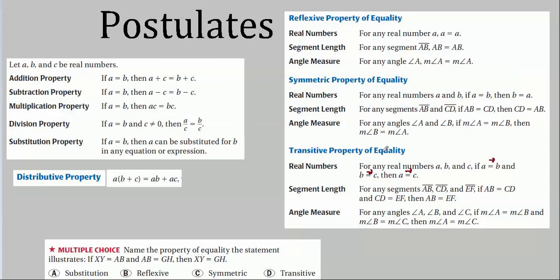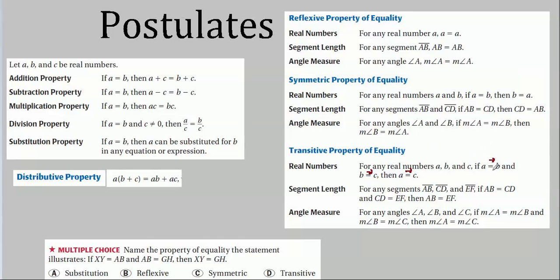Chain rule's good. Transitive kind of points to what it really is. I mean, you're transitioning in a sense. You're saying that A equals B and B equals C, and you can just transport by dropping the two B's and go straight through B all the way to C. If that doesn't make sense to you, then just memorize the fact that it's called transitive.